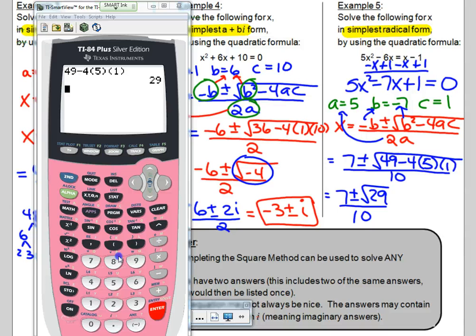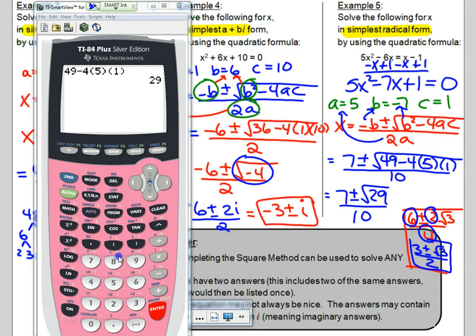So if I just give you a quick example, let's pretend you get an answer that looks like this after you break down the radical. The 6 and the 2 and the 4 can all be divided by 2. So then your final answer would look like 3 plus or minus radical 3 over 2.